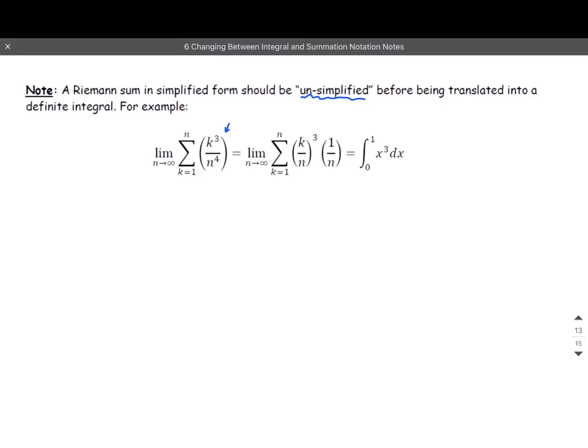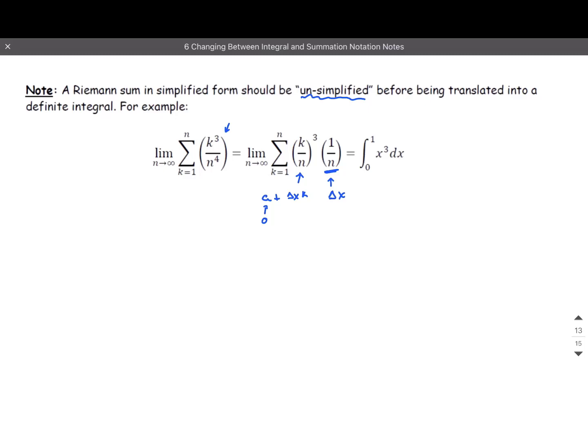I could factor out a 1 over n. That is my delta x. That leaves me with a k cubed over n cubed, or k over n cubed. That's going to be my delta x, that's the 1 over n, times k. And my a is 0, so the a plus delta x k.